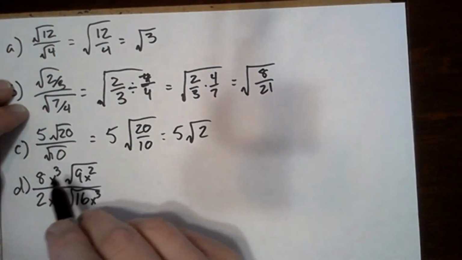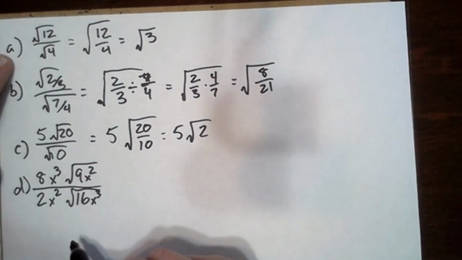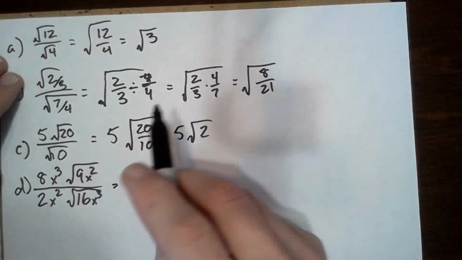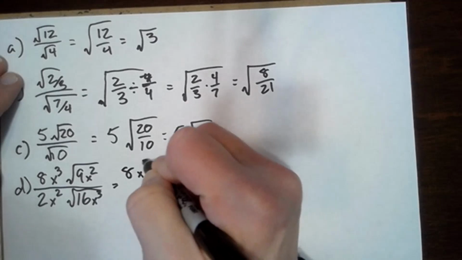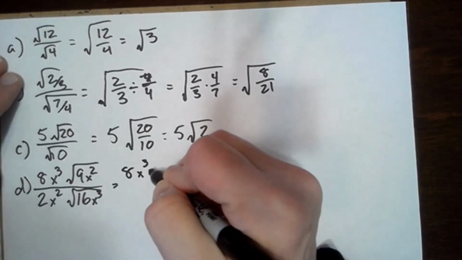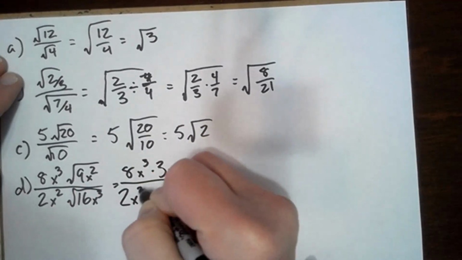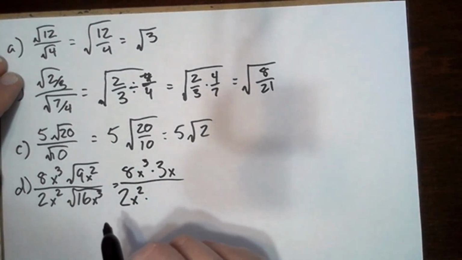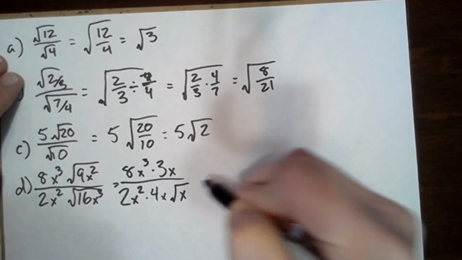Our most complicated one here, we've got 8x cubed times the square root of 9x squared over 2x squared times the square root of 16x cubed. Well, a lot of this is pretty easy because we can simplify our radicals a bit here. That's 8x cubed times, well, the square root of 9x squared is 3x, divided by 2x squared times the square root of 16x squared, which will be 4x, and then we've got another square root of x here.